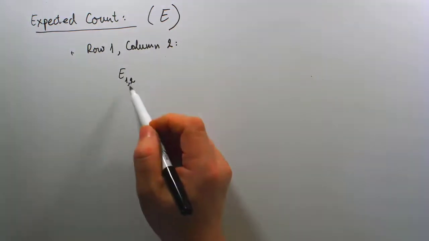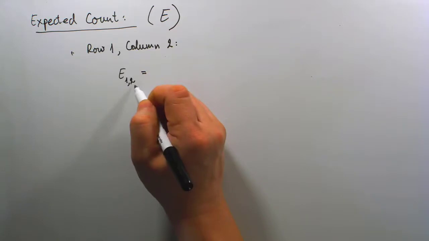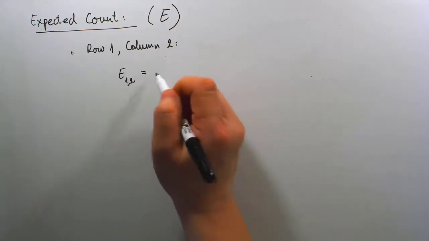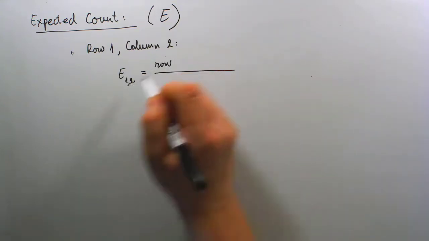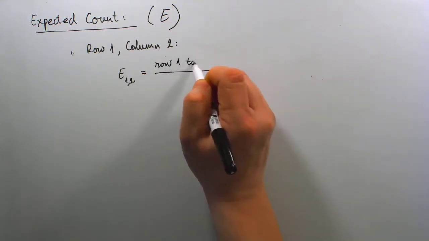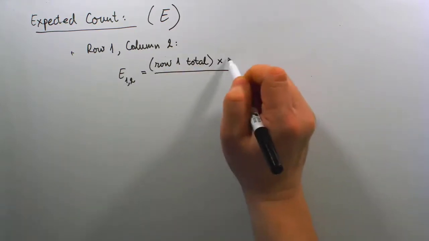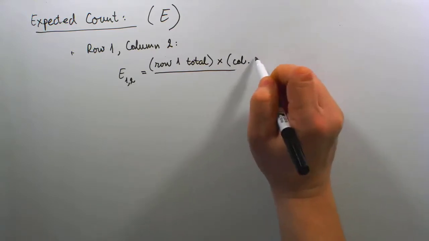So E1, comma 2 is my expected count in row 1, column 2 entry. And so very similar to the way I have done earlier, we're still in row 1, so I'm going to look for row 1 total and multiply that row 1 total with column 2 total this time.